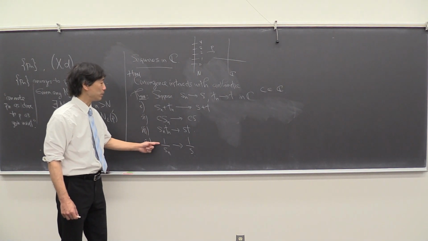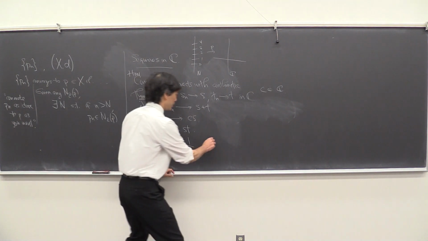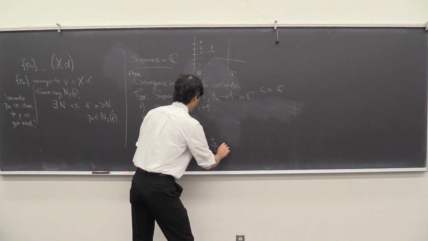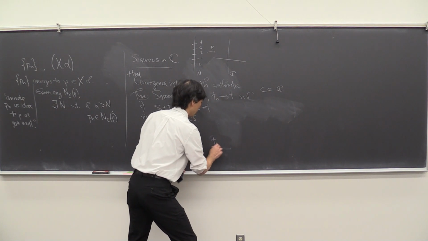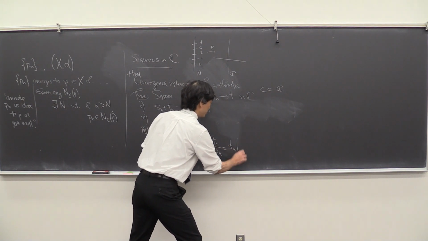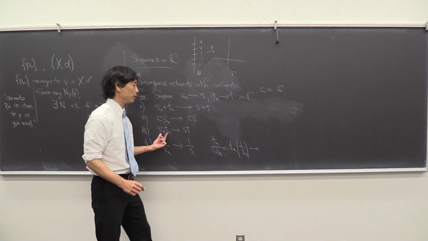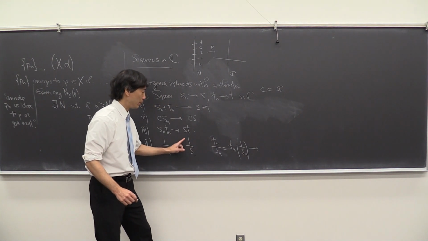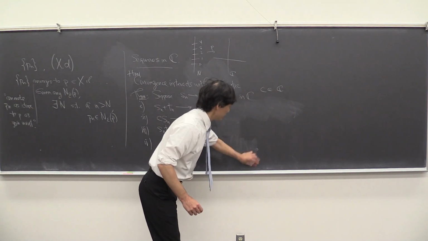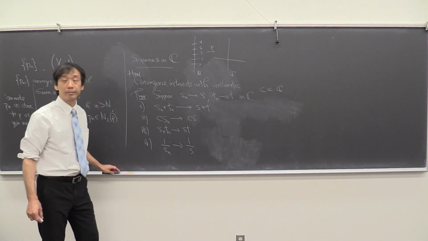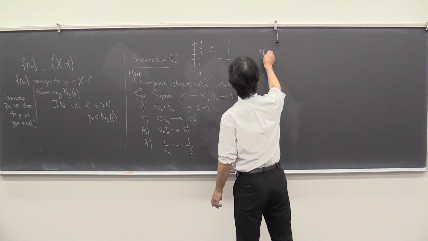Because if this goes to that, then T sub n over S sub n is T sub n times 1 over S sub n, which by the previous one is going to go to T times 1 over S. So we don't need to do this. We just need to do reciprocals. Okay, so let's do these.